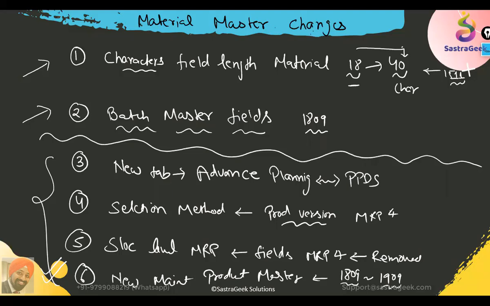At high level, we said that the number length has been changed, batch management has been changed, then advanced planning related changes and the production version related changes, some changes in MRP4 view. We have not discussed in detail, but I have highlighted it here. We will be discussing in the upcoming chapters.